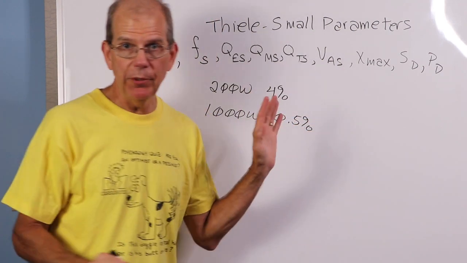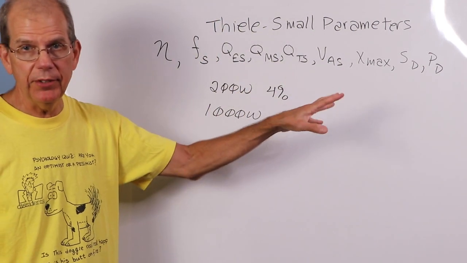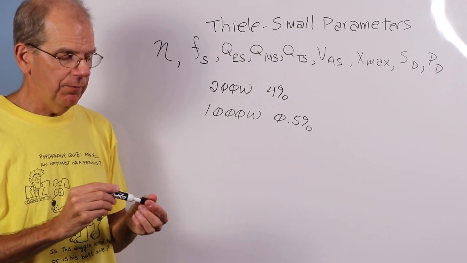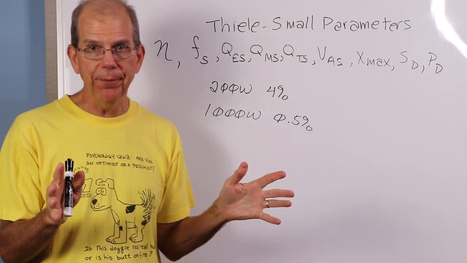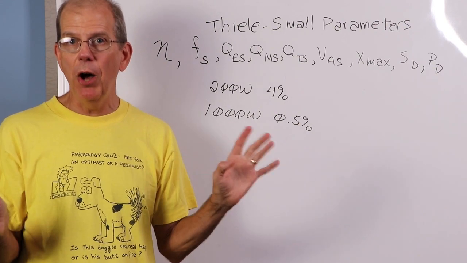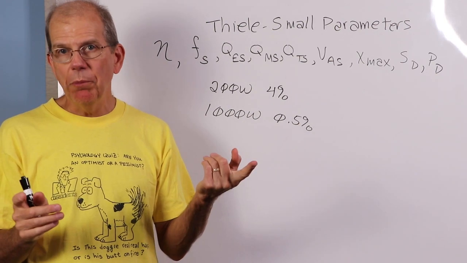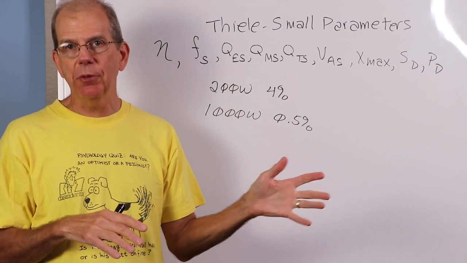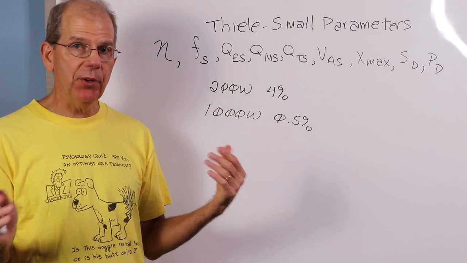Okay, so typical numbers, just so I'm not being crazy here: a typical bookshelf loudspeaker probably has an efficiency in the neighborhood of 1%. If you want a ballpark number, 1%. Some are going to be higher, some lower, but that's a fairly typical number.